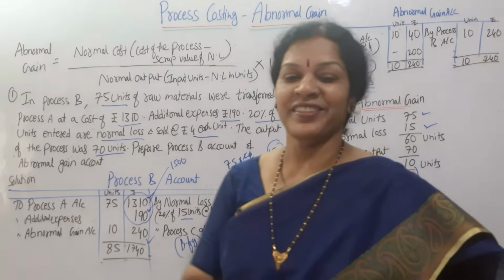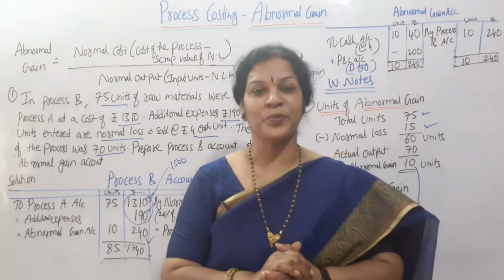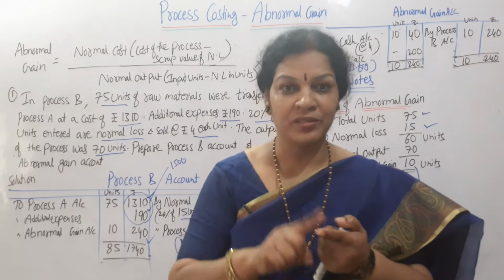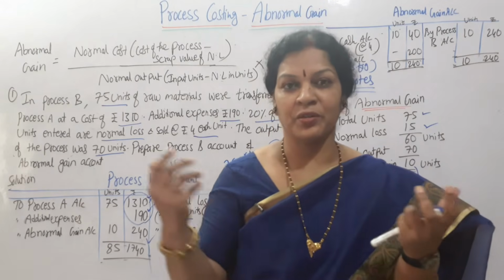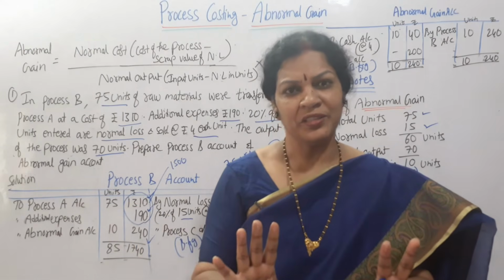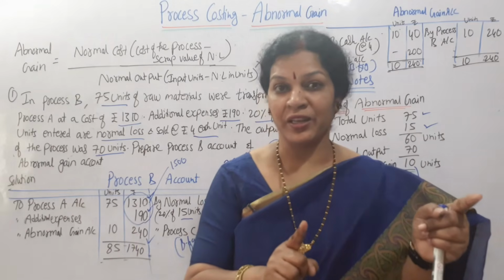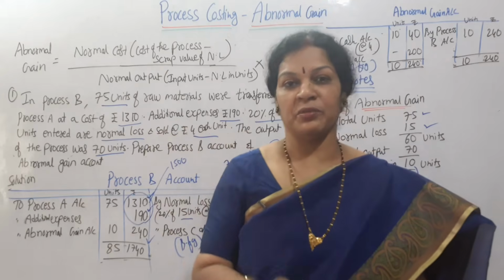Hope it is clear. Process costing is completed with this problem. Lengthy problem I am not doing related to abnormal loss and abnormal gain because it's going to take a lot of place. Method is same as we have done in process accounting problem number 1 and 2, lengthy problem, same pattern, only the thing is calculation, remember.